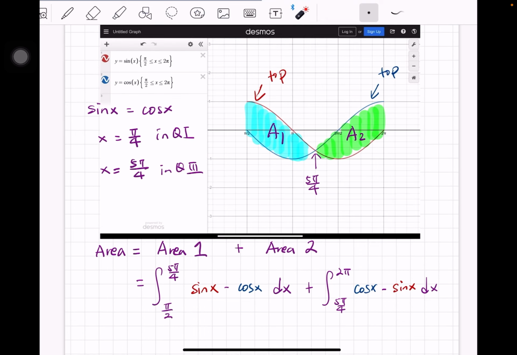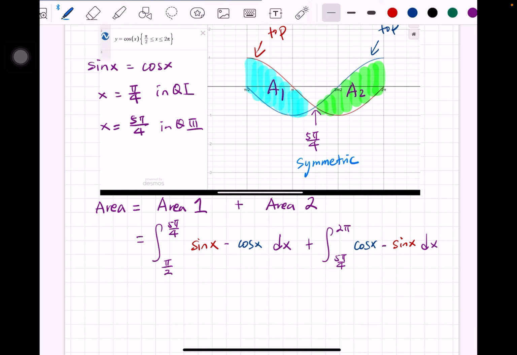So I do not need to calculate the area twice. Instead, I can just do 2 multiplied by one of the areas. Because area 1 is the first area, I'm just using area 1 and multiplying the result by 2.